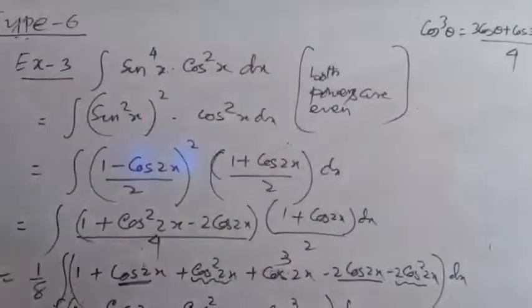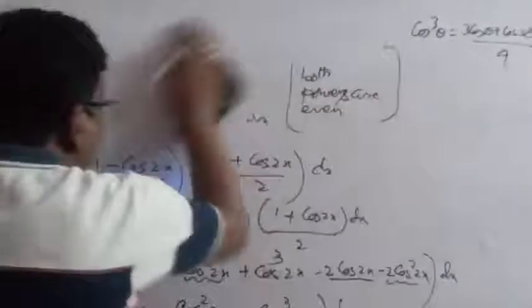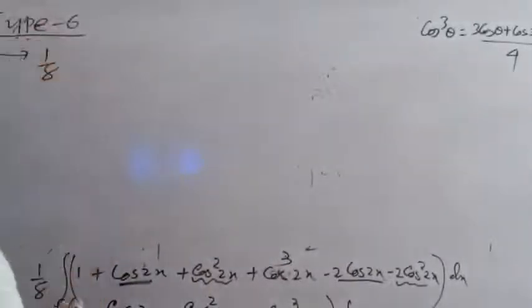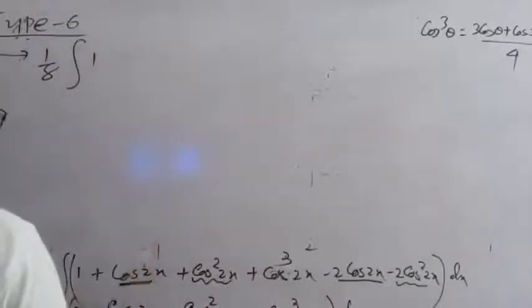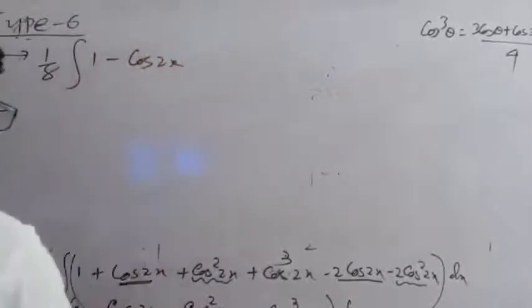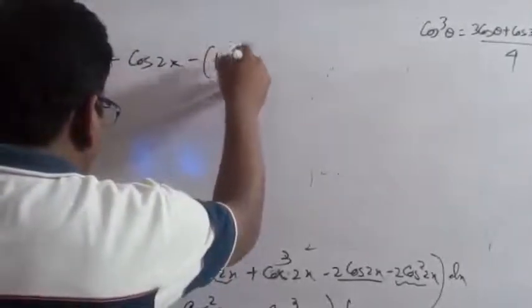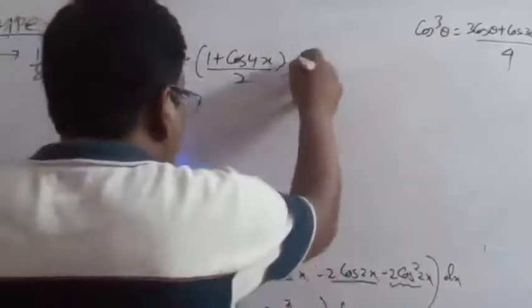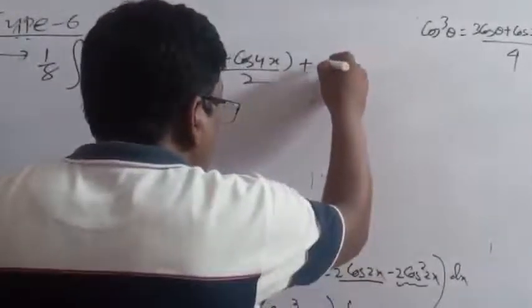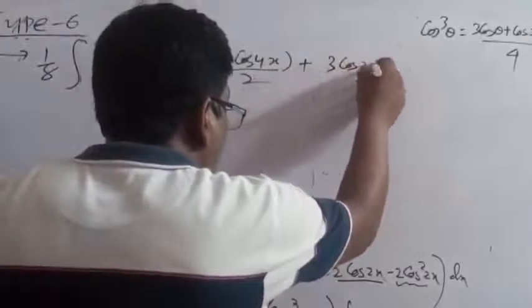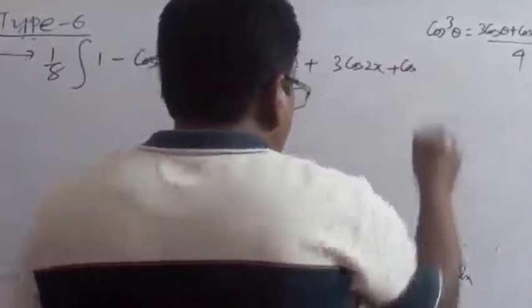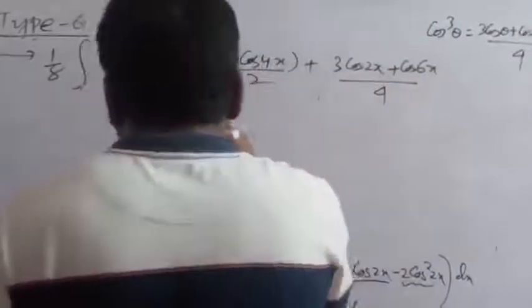From the last step, this is equal to 1 by 8 integration of 1 minus cos 2x, and minus (1 plus cos 2 theta, meaning cos 4x) by 2, and plus cos cube theta, meaning (3 cos theta, that is 3 cos 2x, plus cos 3 theta, that is 3 into 2x, cos 6x) by 4, dx.